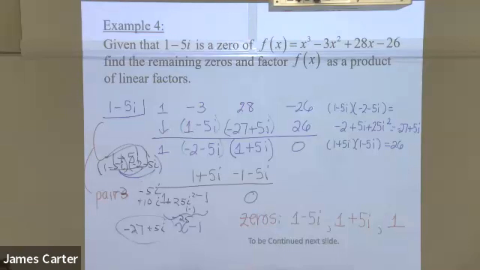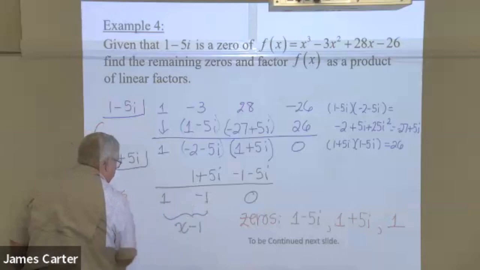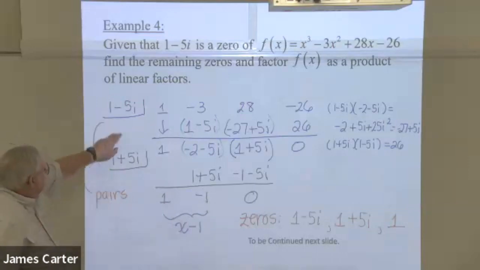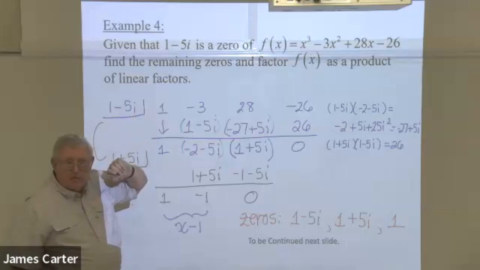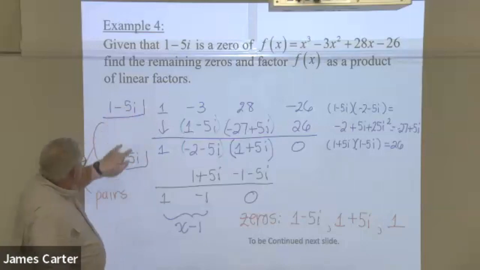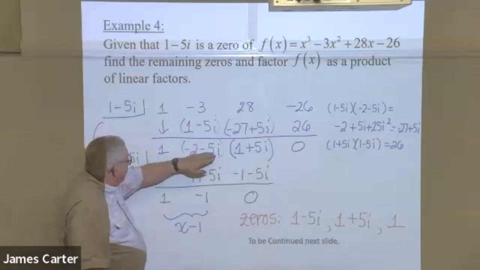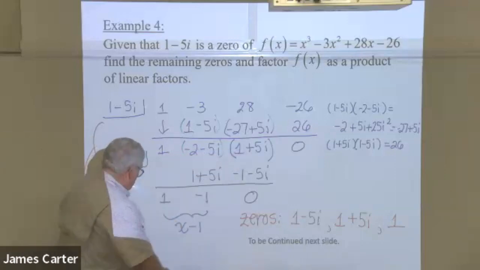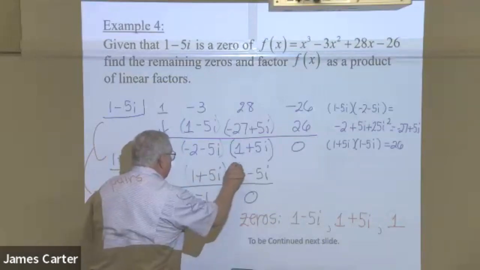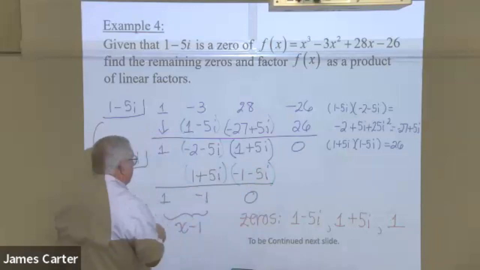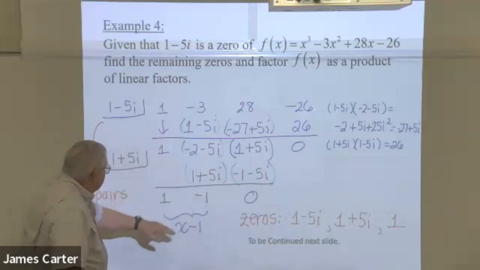Let me erase this so I can show you this. We did this work with 1 minus 5i. If this one's here, that one's got to be here also. So they did it again. Like so. Okay. And they got this.